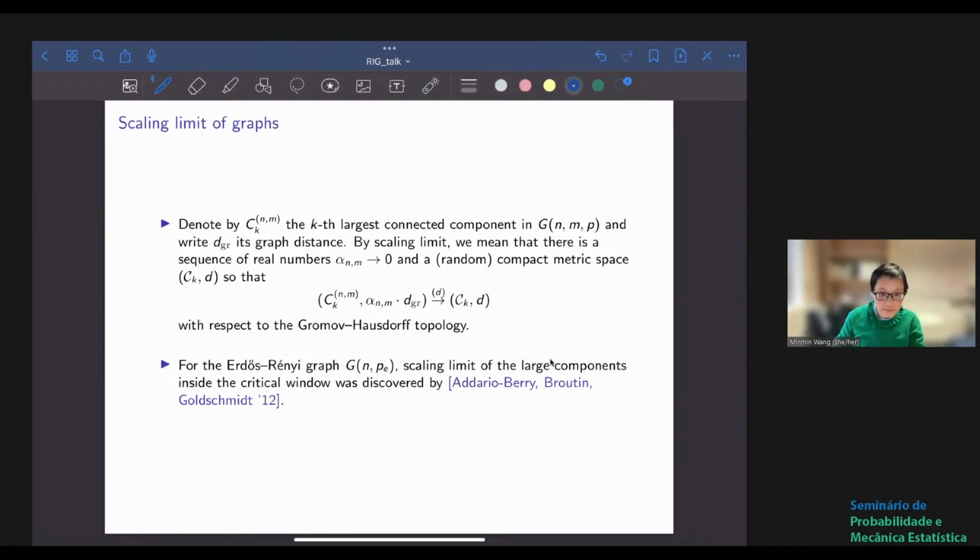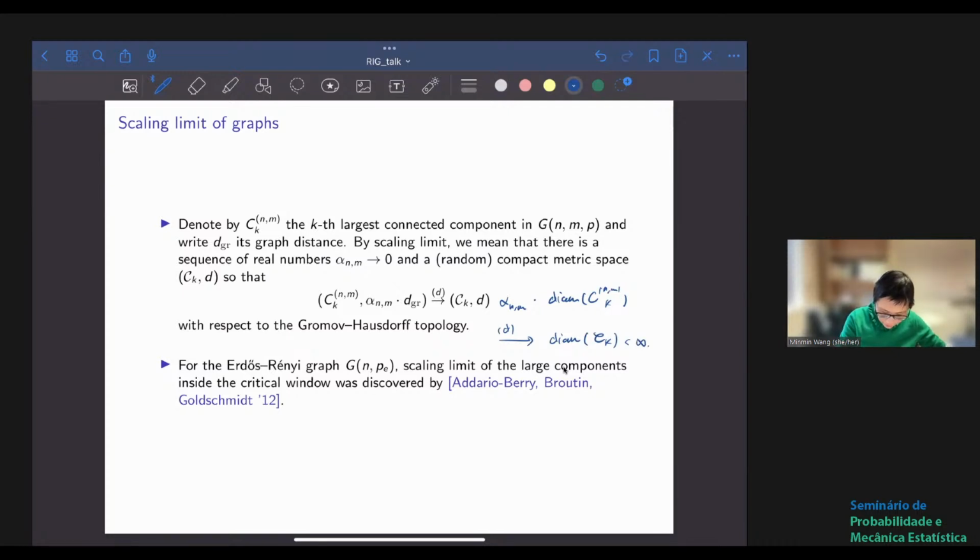Just one thing I'm going to mention here is that once you have convergence in the Gromov-Hausdorff topology, you automatically get convergence of the diameter. This means that the diameter of your discrete connected component, rescaled by this factor, should converge to the diameter of the limit object, and that is going to be finite almost surely because you want something compact.